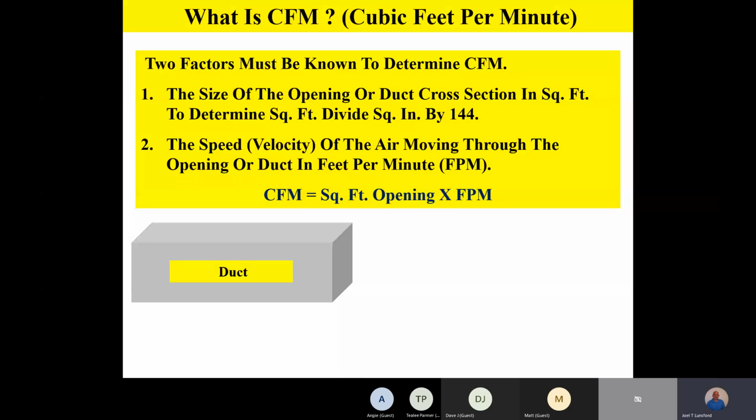So 16-inch diameter, we divide that in half to find the radius, which is 8 inches. We then take 8 times 8 times 3.14 and divide by 144 to get to square feet.